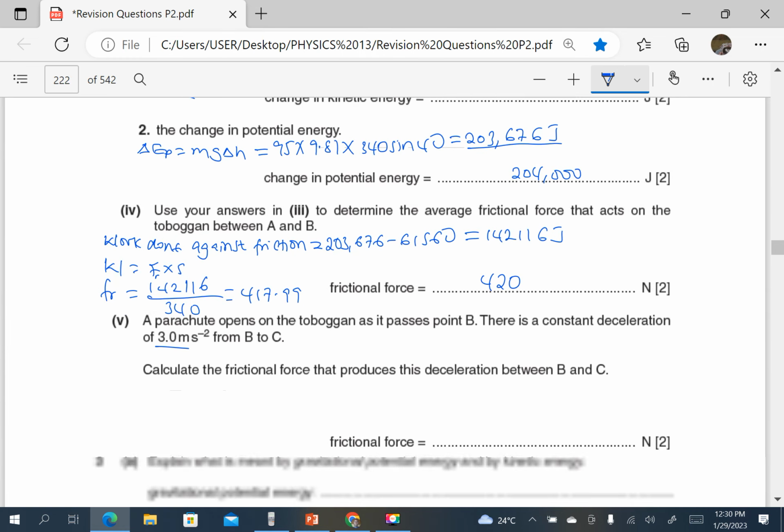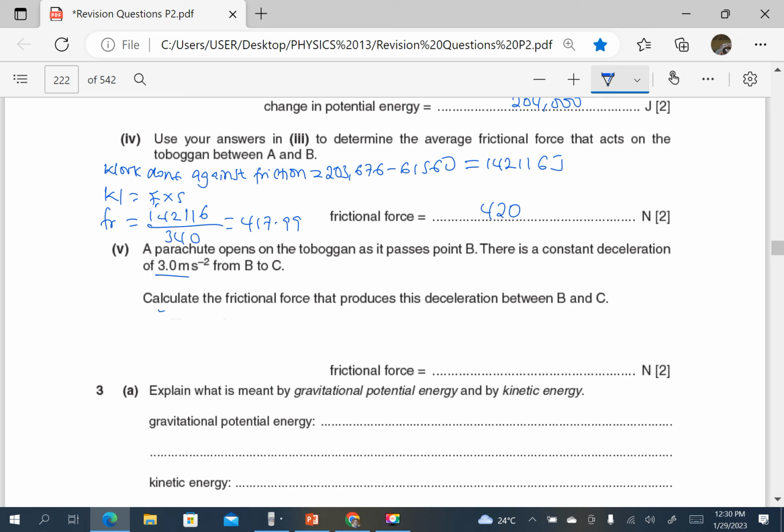So the resultant force F is equal to mass times acceleration. This will be equal to the difference between the two forces. The force downwards is mg sine 20 minus the frictional force.